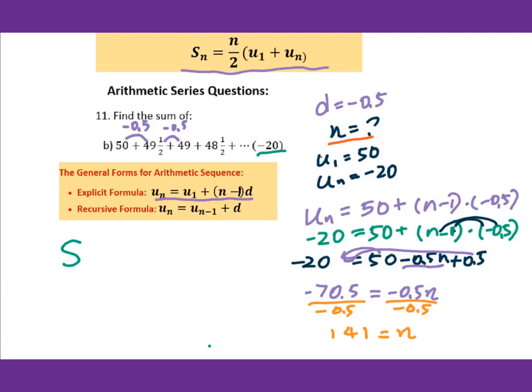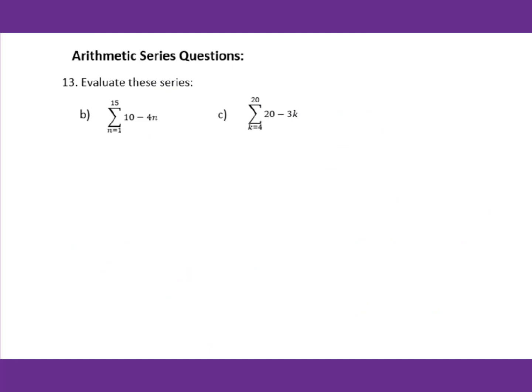S sub 141 equals 141 over 2 times 50 plus negative 20. Then we put it into the calculator. The answer is 2,115.